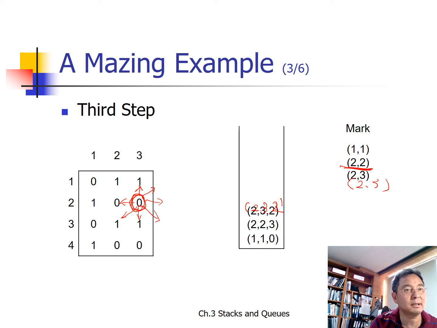That means it is already visited, so we cannot go back here. It is not a possible direction. So that means this 2, 3 is an endpoint. There is no possible path from here.